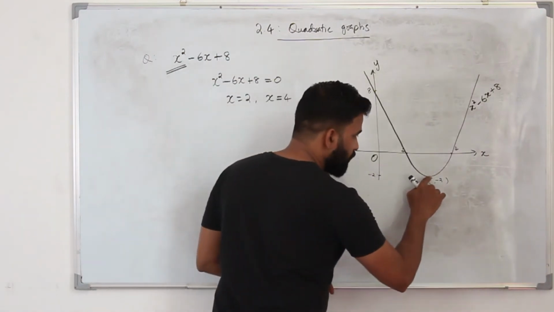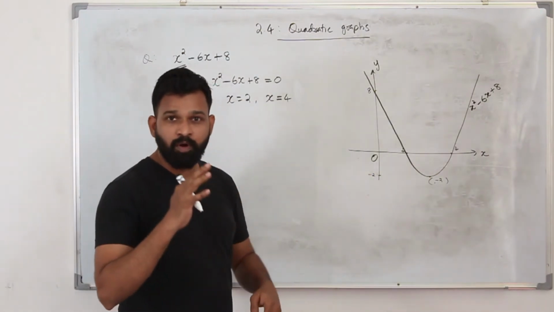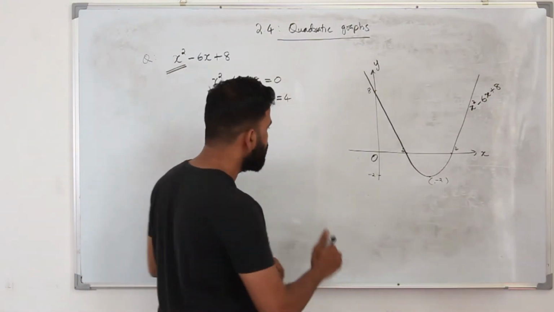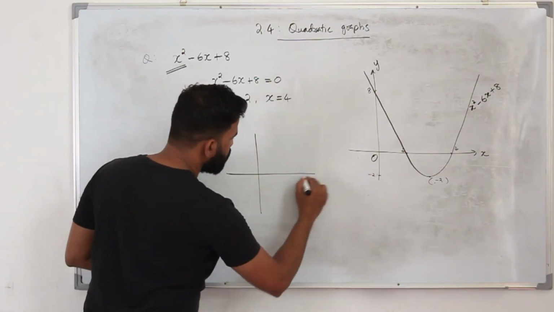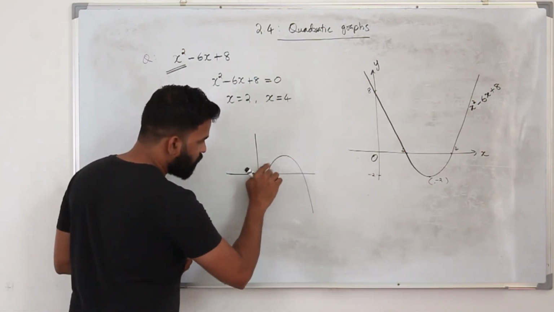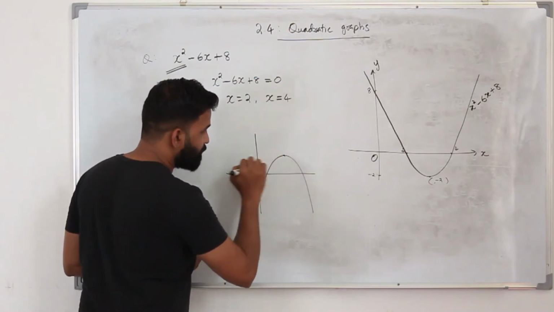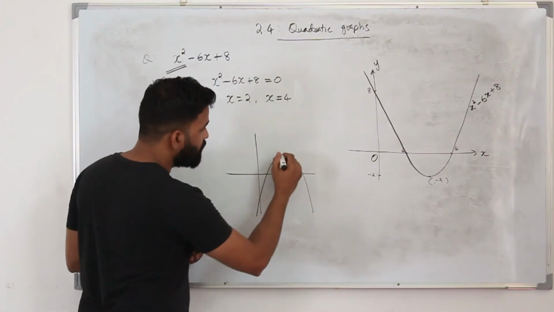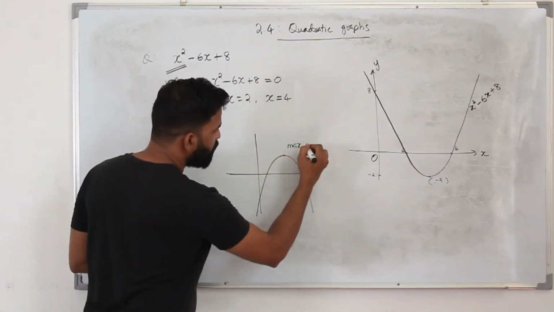So this point is called the minimum point, because that is where y has the minimum value. If you take the upside down curve, your y value is going to increase all the way until it reaches the maximum value, and it's going to go down again. So this point is called the maximum point.